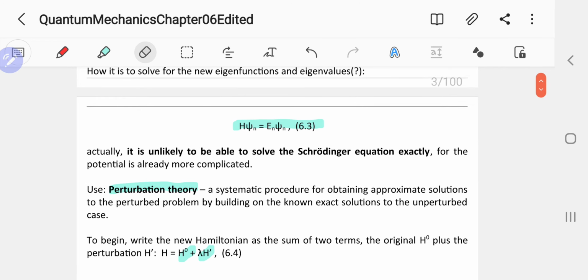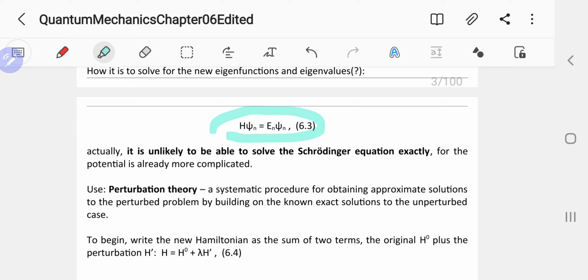So we go back to 6.3, since we have already expanded our Hamiltonian and energies in terms of lambda. We can plug our expansion into this equation, and again we ignore higher corrections.